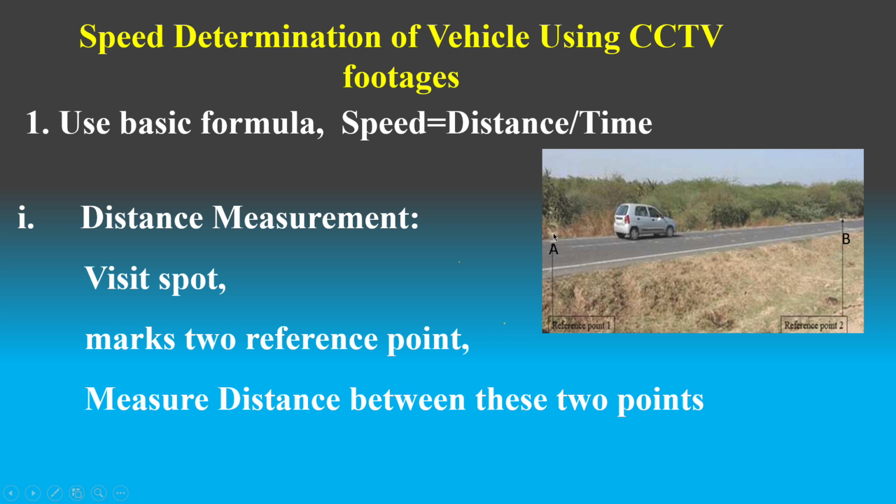Suppose in this case, reference point A, and this is reference point B. While visiting the spot, you have to measure this distance from A to B. There is another method also for measurement of the distance, I will discuss it in the next video. But in this video, this is a very simple method. You can measure the distance between two reference points, point A and point B.